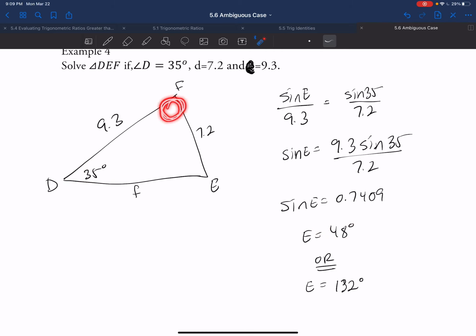There's enough room for another angle there. 35 and 132, put that together, you get 167. So there's still room left for another angle because they have to add up to 180. If the two angles go over 180, then it's not possible. But as long as they're less than 180, then it's possible. So you figure out the two triangles.